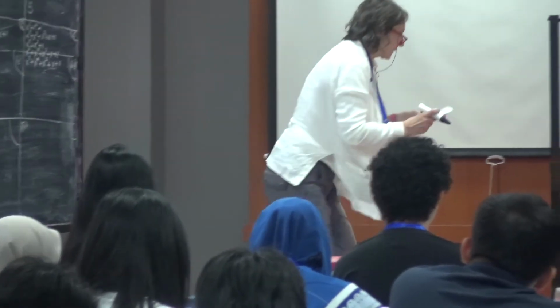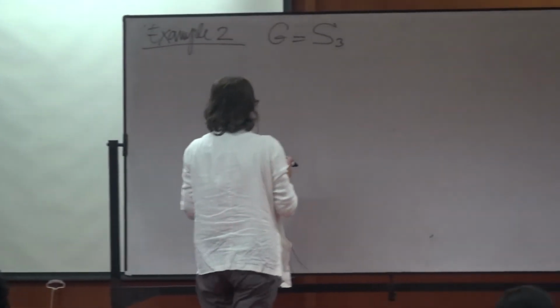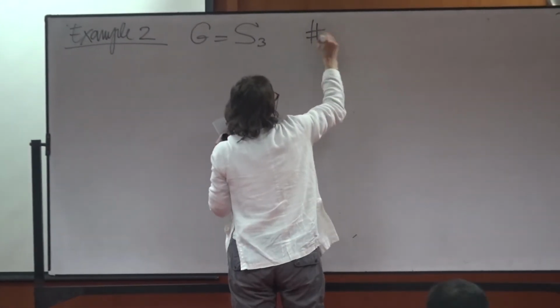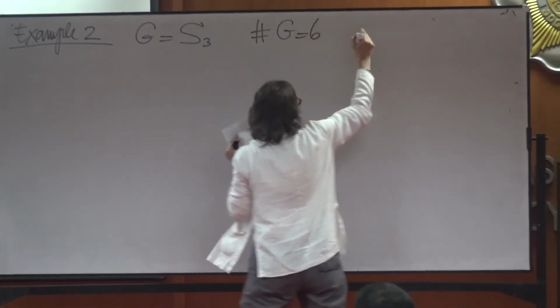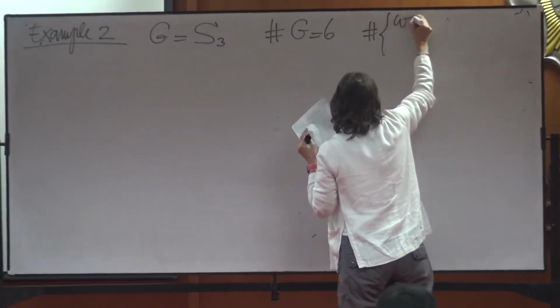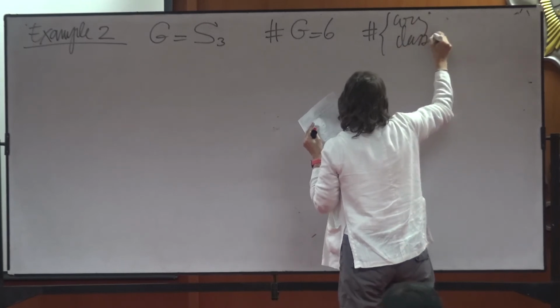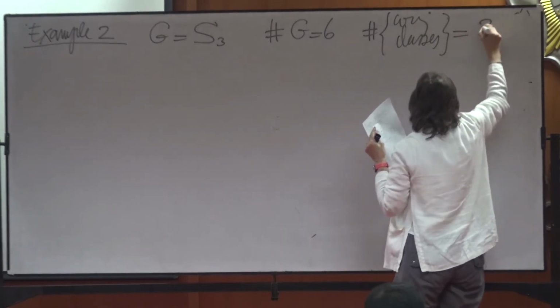The cardinality of the group this time is 6, and the number of conjugacy classes is 3.